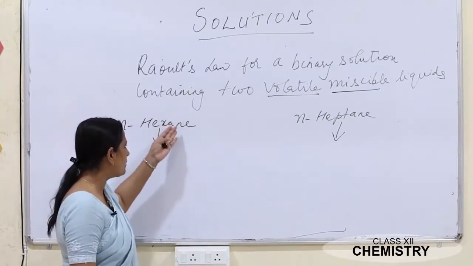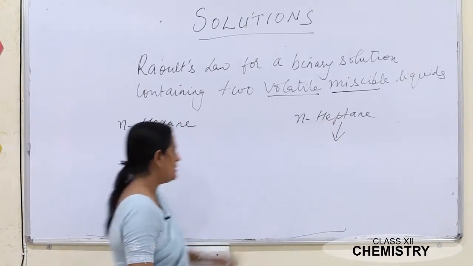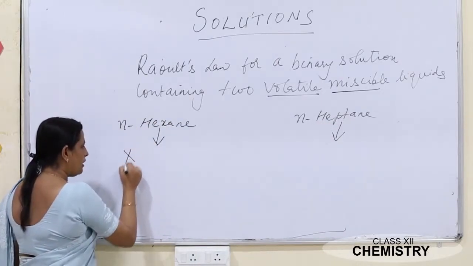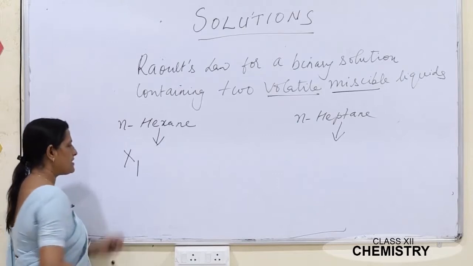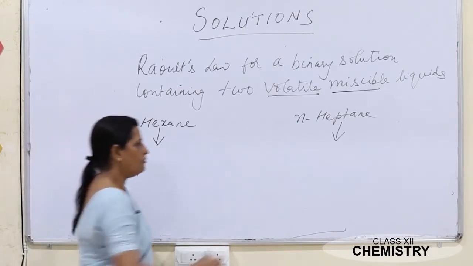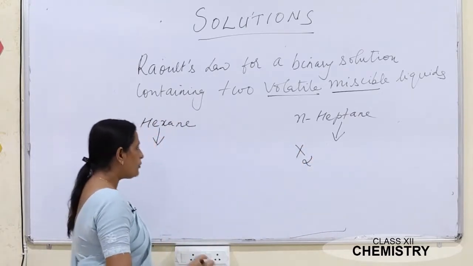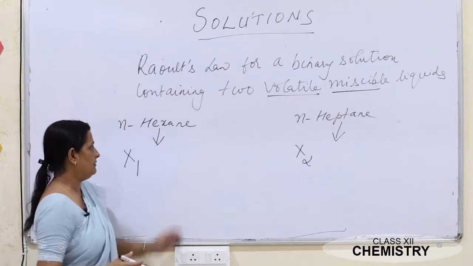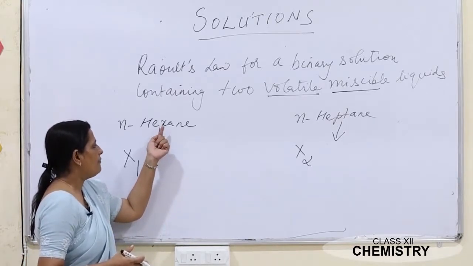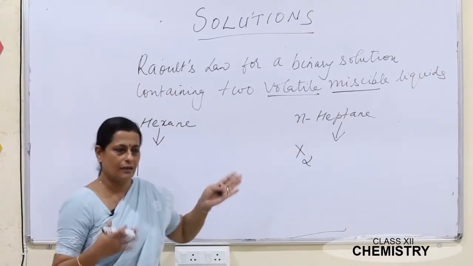So we know the molar mass of hexane, we know the molar mass of heptane. So we can find out the mole fraction of hexane, which I am going to denote as X1, and mole fraction of heptane as X2. Now we are going to find out experimentally the vapor pressure of N-hexane and N-heptane, which we can do in the laboratory.